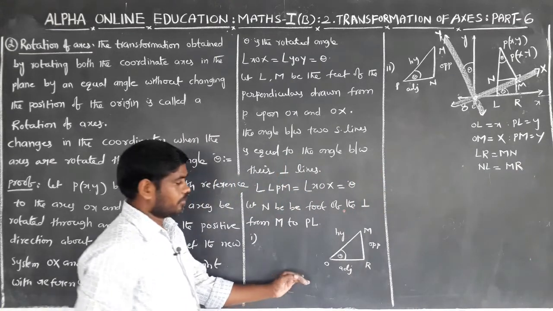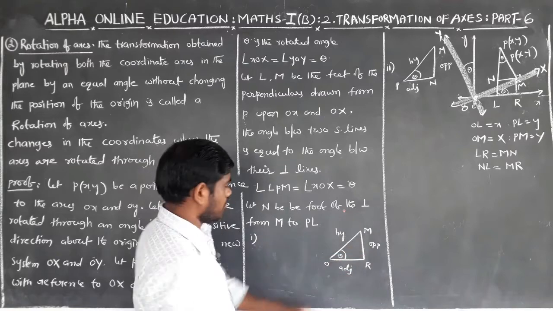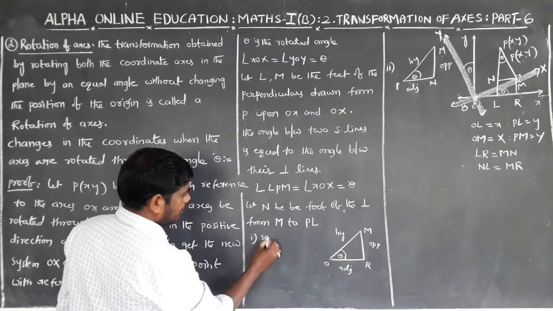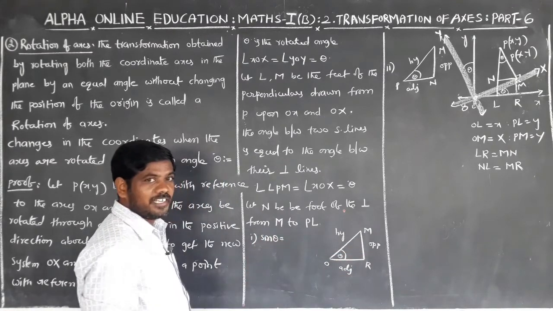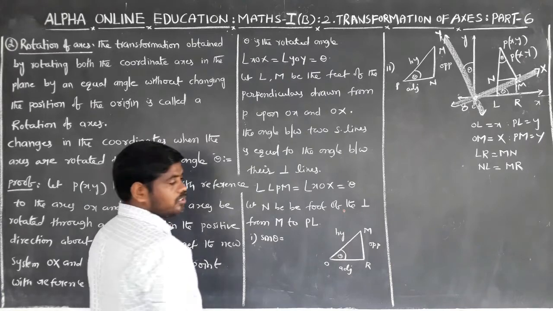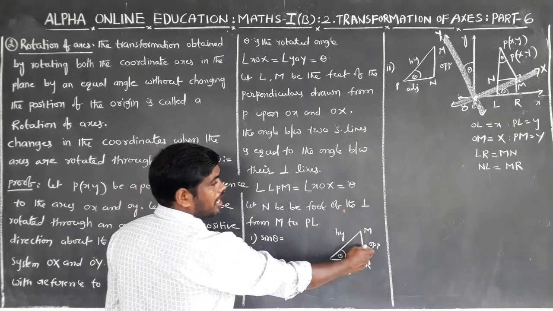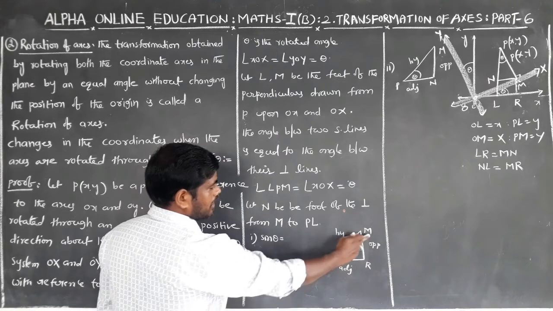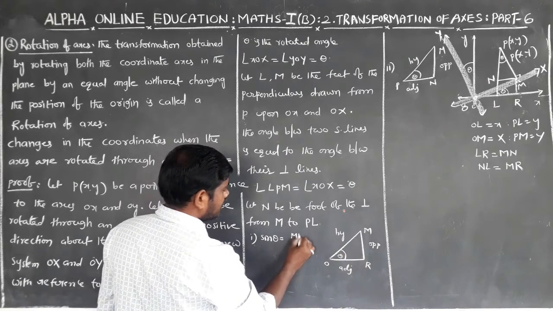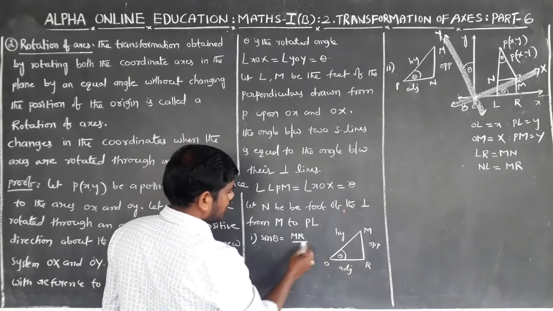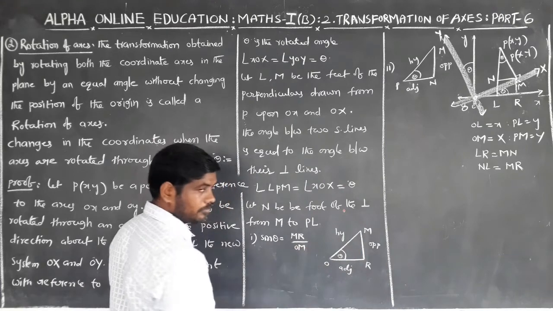First of all, from the triangle OMR, sin theta is equal to opposite side by hypotenuse. Opposite side means MR, hypotenuse OM.